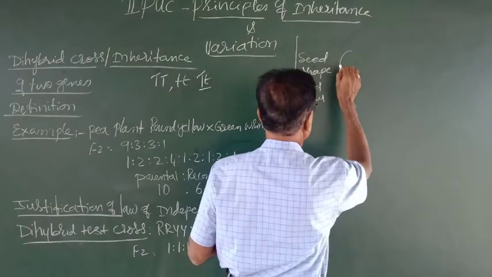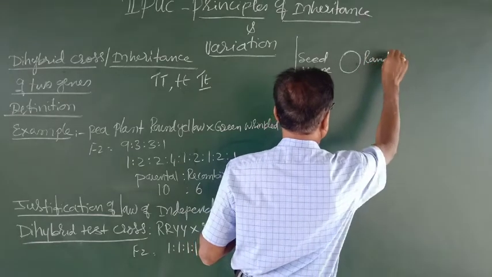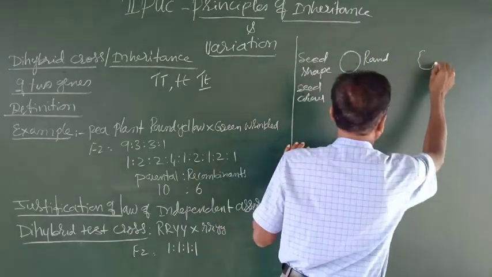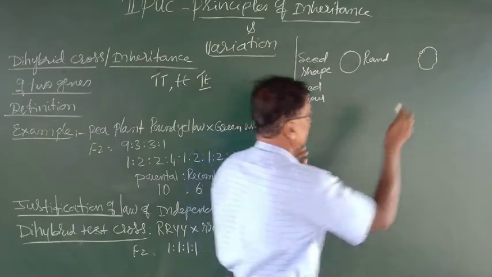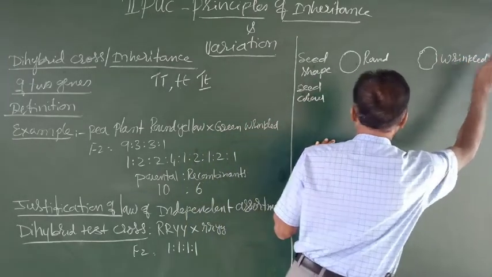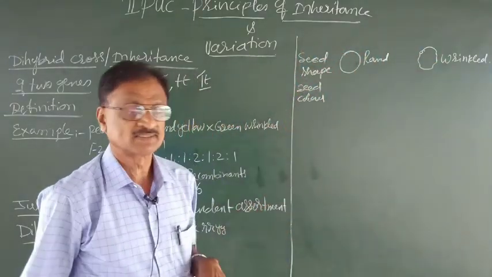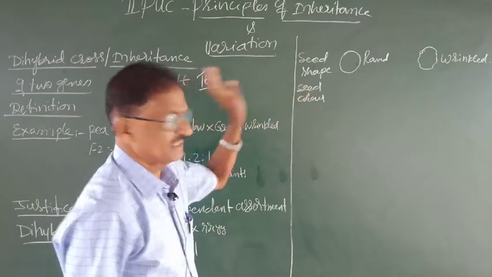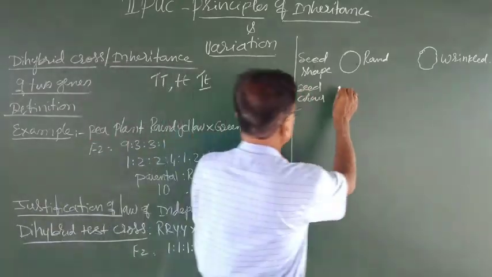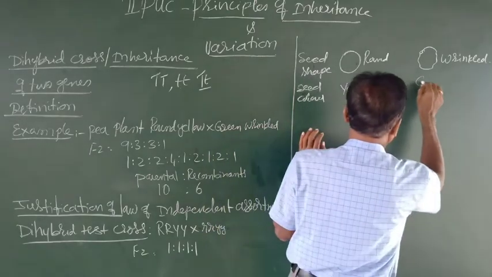Regarding seed shape, it is either round, which is dominant over wrinkled. This is one pair of contrasting characters. The other, seed color, is either yellow or green.